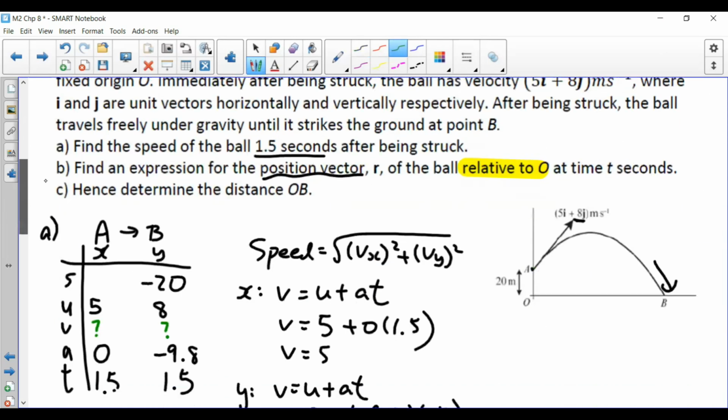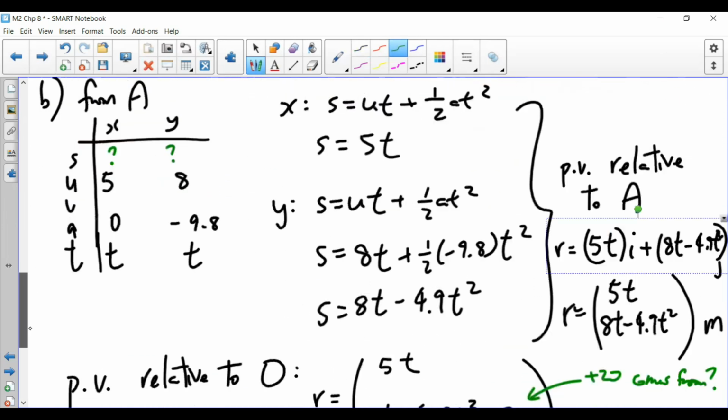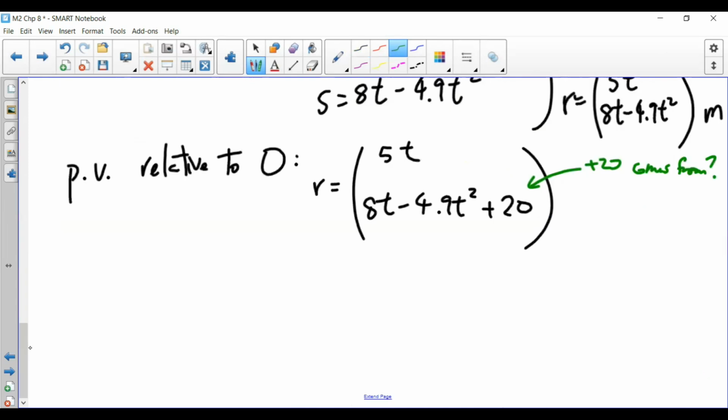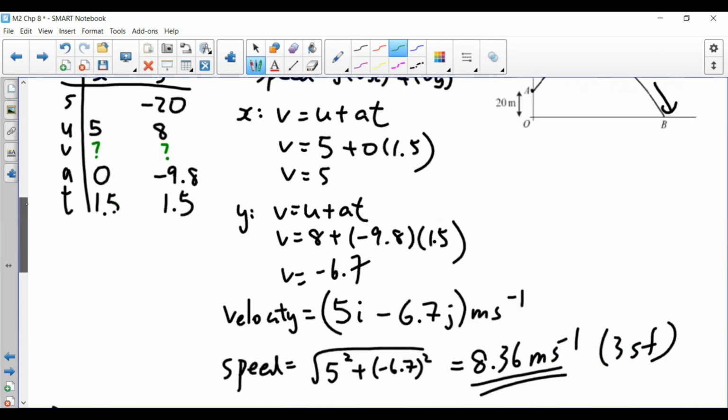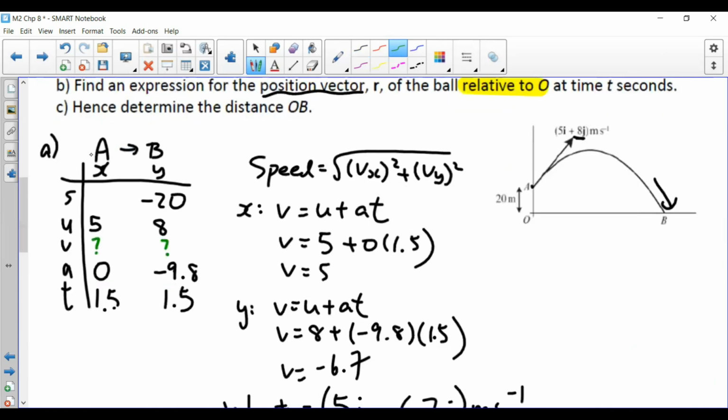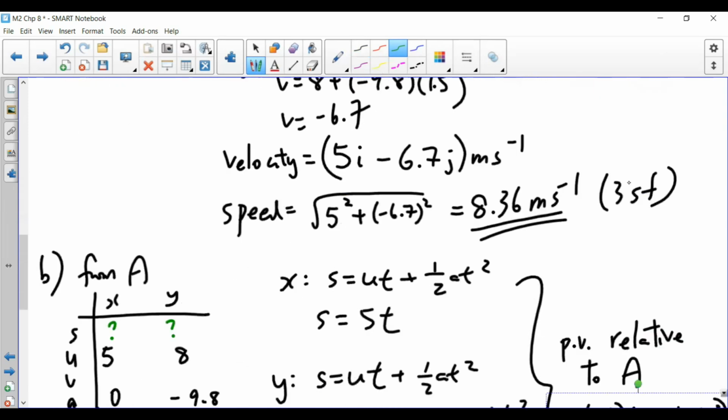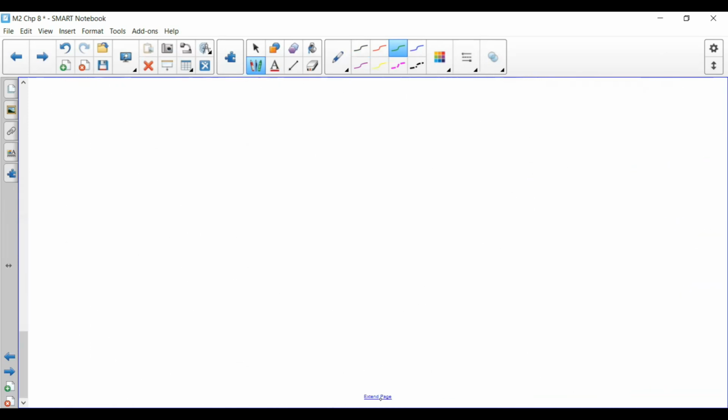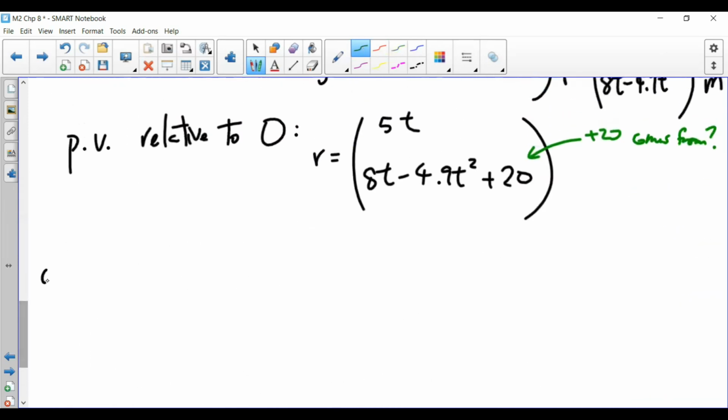Part C, hence determine the distance from O to B. To determine the distance from O to B, what we know is, look at B. B is on the x-axis. That means the y coordinate is going to be 0. So right here, part C, notes for you. B is on the x-axis.